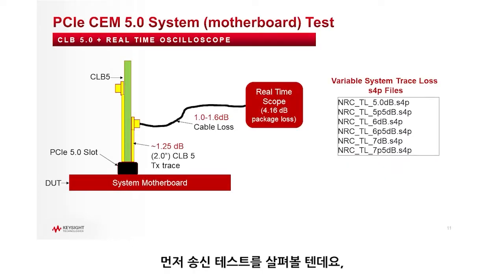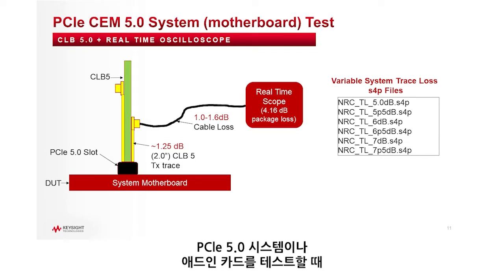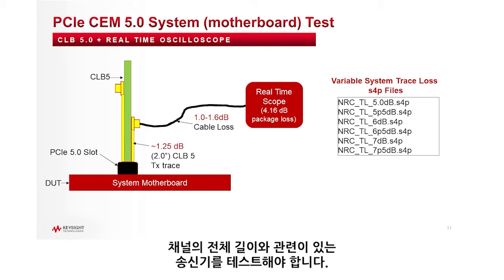First, let's talk about transmit test. And one of the things that we want to discuss is that when we are testing a PCI Express 5.0 system or add-in card, we need to test the transmitter looking at the entire length of the channel.